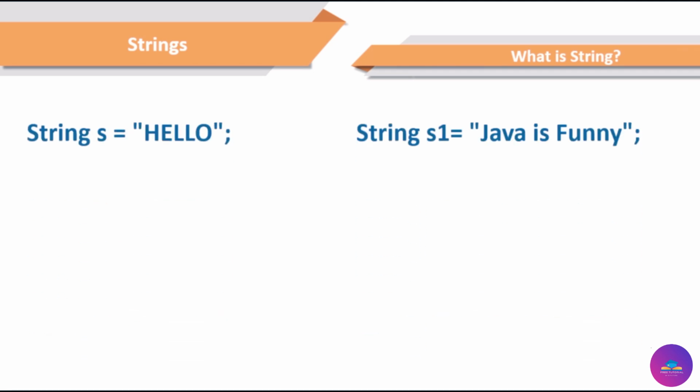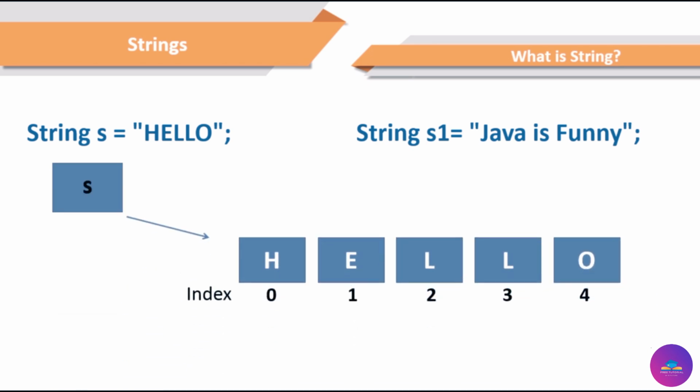So a Java string is a series of characters, like the word hello or the phrase Java is funny. A string is created between double quotes. So our example shows a string object in memory. It consists of individual characters, hello.